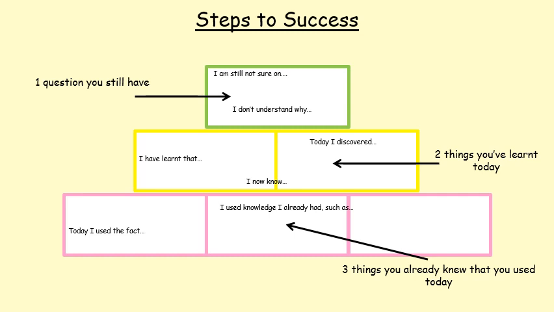So I've learnt that, or today I've discovered, I now know. Just complete those sentences. And on the final level, with the 3 boxes in pink, today I used the fact, I used knowledge I already had, such as. So 3 things you already knew that you used today. Just reflecting on your learning. Just pause the video and then you finish the lesson for the day.